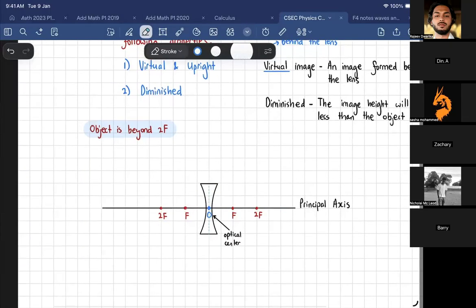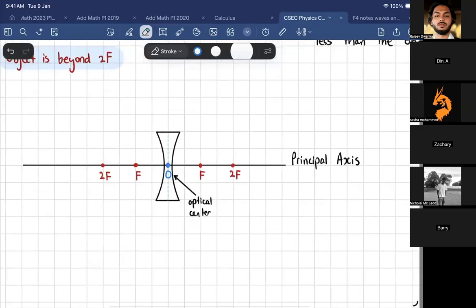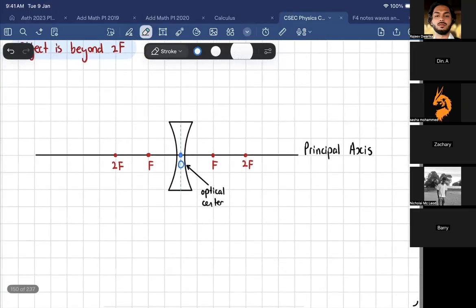Okay, I'm gonna start from scratch. So does everybody understand that this is called a ray diagram? This is a ray diagram, and we have a divergent lens. We have a lens here, right? A divergent lens to be specific.